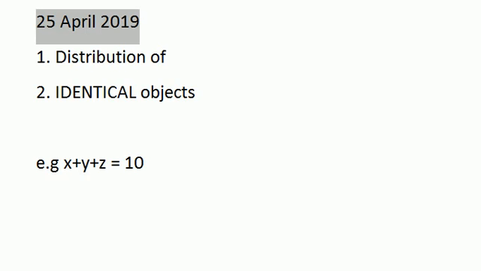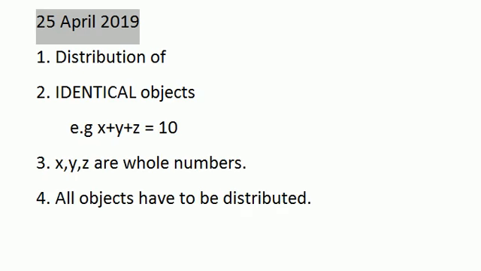So I distributed 3 chocolates out of 10, and 7 chocolates I have kept for myself. Is this a valid distribution? So please understand and remember that this kind of distribution is not legit. This is absolutely invalid. You have to distribute all the n objects. Okay? It may sound funny, but some people get this doubt.